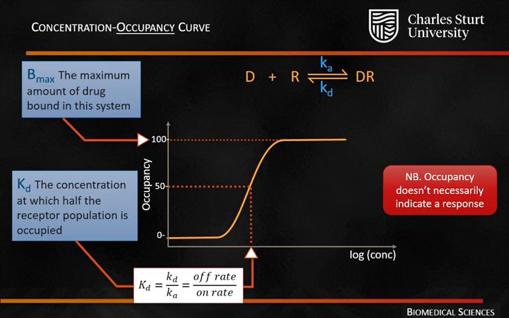And so if we have a look at this equation up the top here, we have the drug and the receptor being as separate entities, and then the drug bound to the receptor. Now, the Ka, which is the on rate, is the kind of affinity or the association of the drug to the receptor. And this seems to be fairly constant. So it's almost like a Brownian motion.